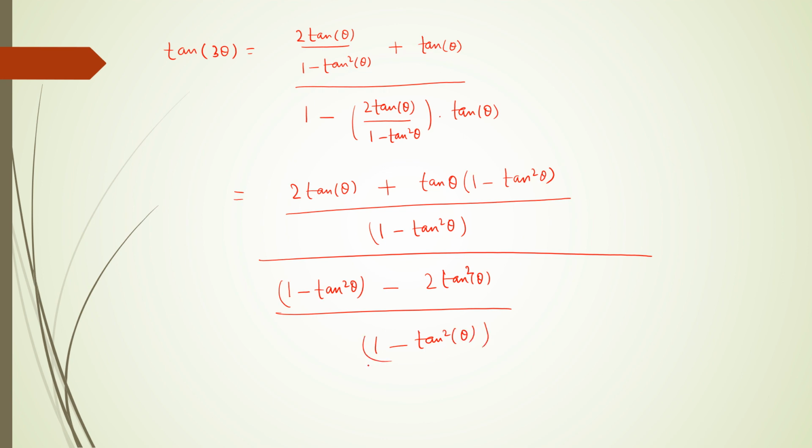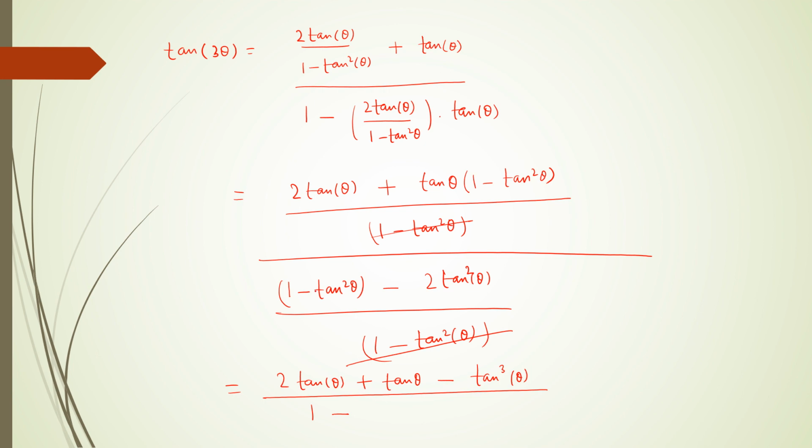So this LCM, this and this would get cancelled. We will remain with 2 tan theta plus tan theta into 1, that would be tan theta, minus tan theta into tan square theta, that is tan cube theta, divided by 1 minus tan square theta minus 2 tan square theta.